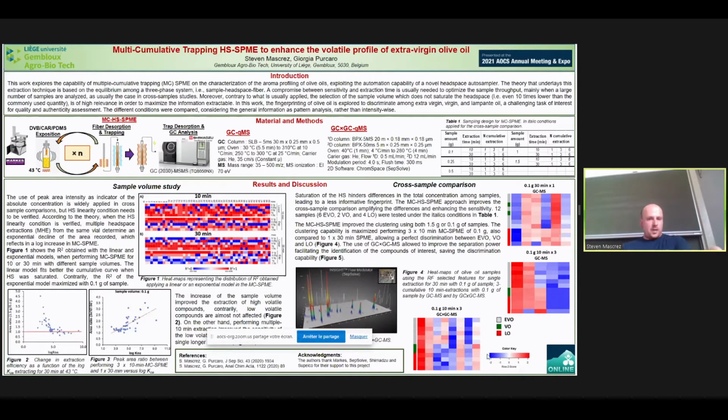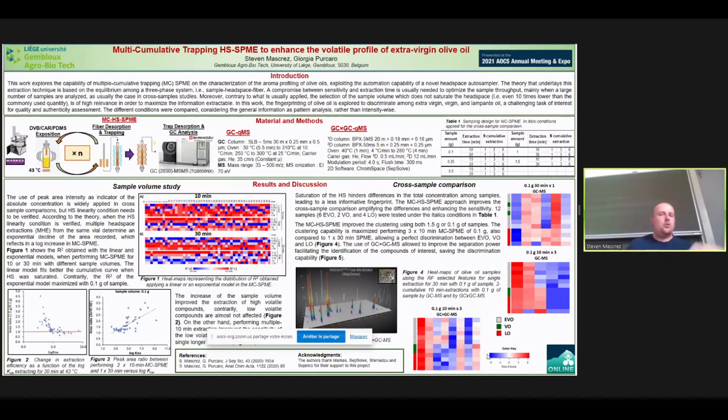That is what we show here in figure 1: between 0.1 gram and 1.5 gram, we are partly in non-saturated headspace, and at 1.5 gram in saturated headspace. It's important to notice that 1.5 gram is the most common sample mass used for olive oil.